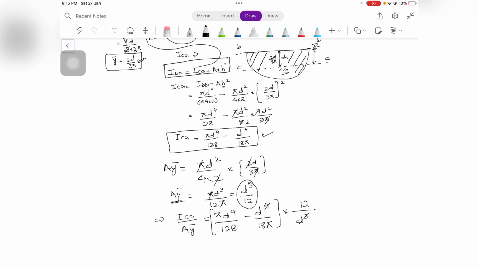Right, so this simplifies as pi d upon 128 times 12 minus 12 times d upon 18 pi.